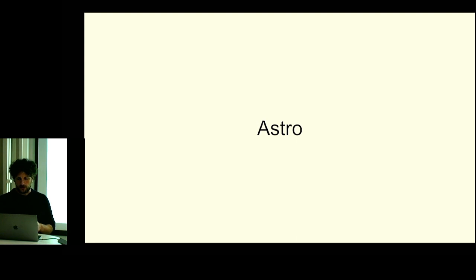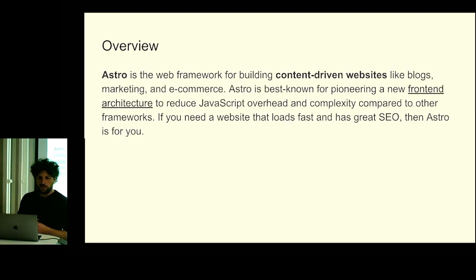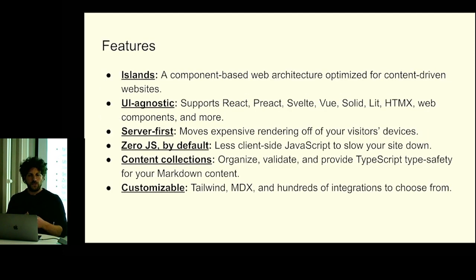Now let's dive into Astro. Astro is a web framework. It's based on React, and basically ships just HTML. It has no JavaScript at all, or at least it reduces the JavaScript load on the server, and it makes it quite fast. The features are islands, which are basically classic components, and it is UI agnostic.